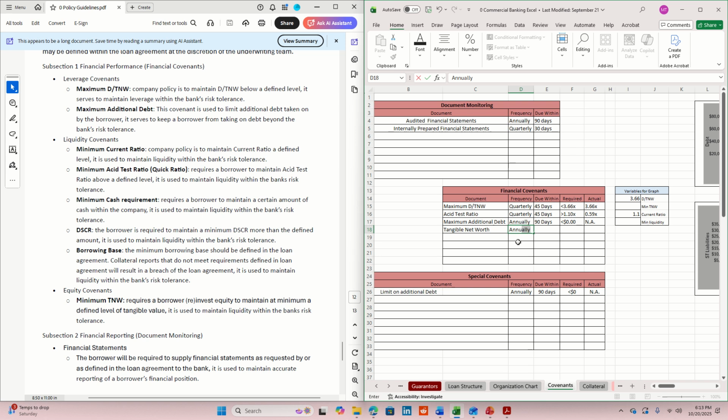And we'll test this annually, within 90 days, of greater than $586,000.